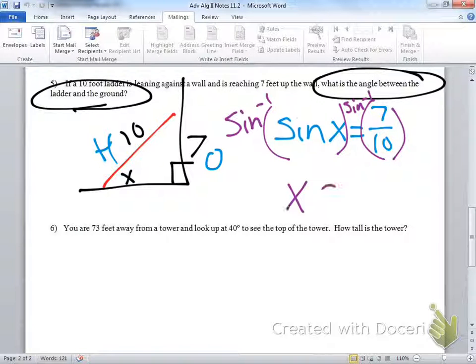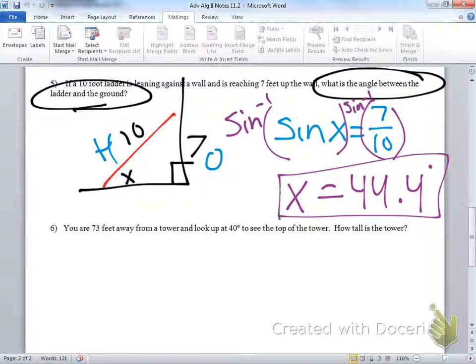All right, what did you guys get? 44.4 degrees? Awesome.